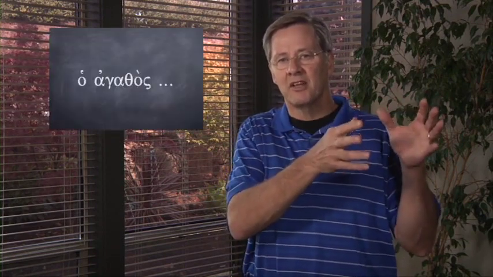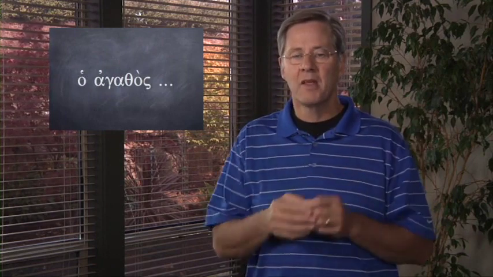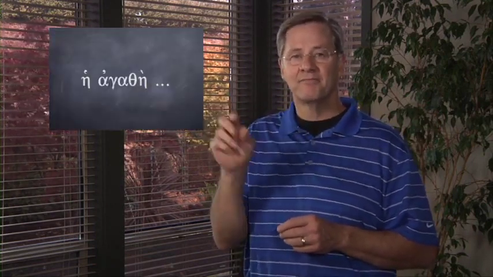It's kind of like a pronoun. It's not a pronoun, but it's whatever it's standing for. If a pronoun refers back to me, you're going to say he, not she. So if you have agathos and it's referring to a single male, you're going to use the masculine singular, aren't you? And you can say agathos. But let's say you came across and you saw agathe, feminine.